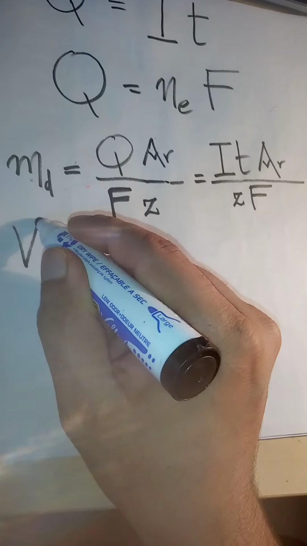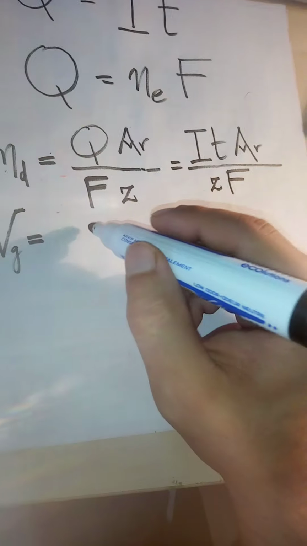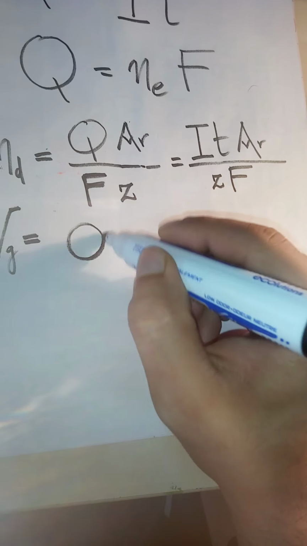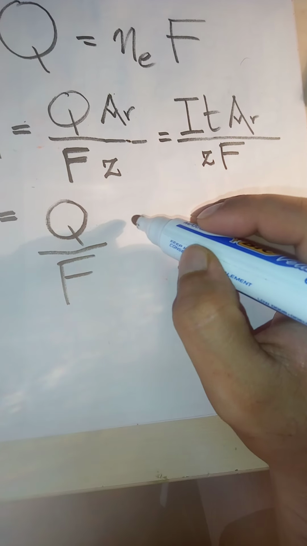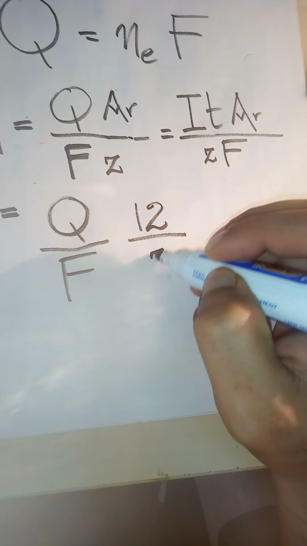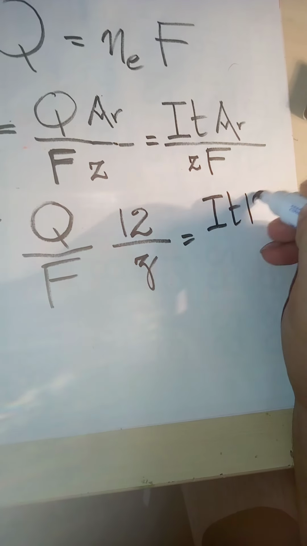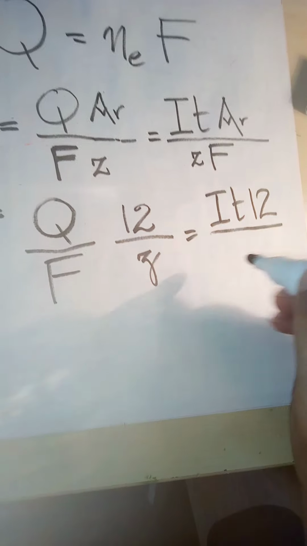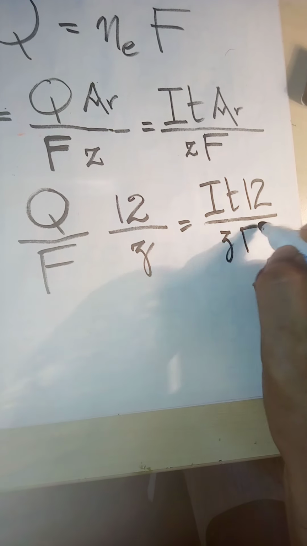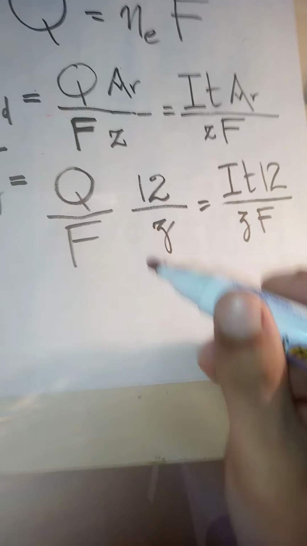The other one was the volume of gases, which was Q over F times 12 over Z, which is I T 12, and that's for room temperature, over Z F, where Z is the oxidation number, the valency of the non-metallic gas anion.